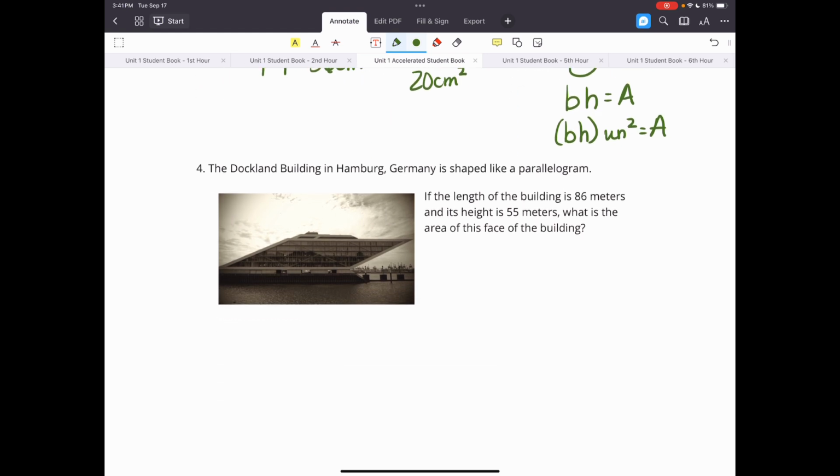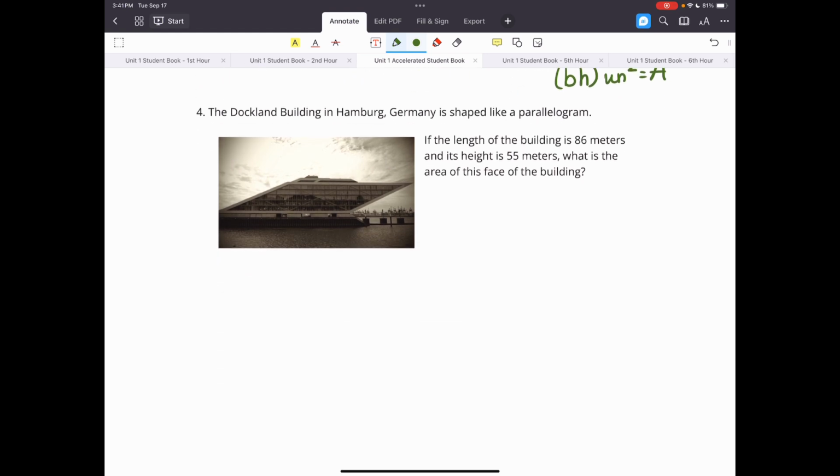Here we have the Dockland building in Hamburg, Germany, which is shaped like a parallelogram. If the length of the building is 86 meters and its height is 55 meters, what is the area of the face of the building? I'm going to show this to you before it stops. The face of the building is here.